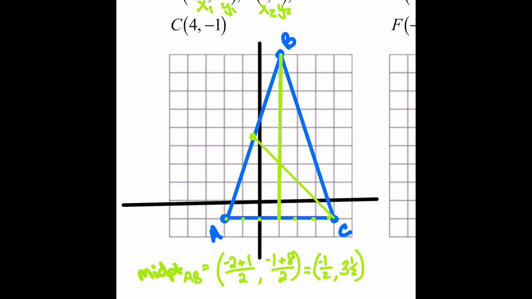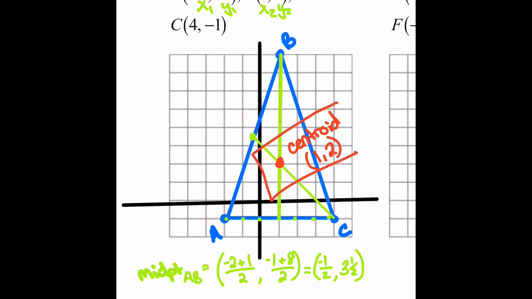Now at this point, you don't have to find another midpoint because the last median is going to intersect right here just like the other two did, at the centroid, which is at 1, 2.